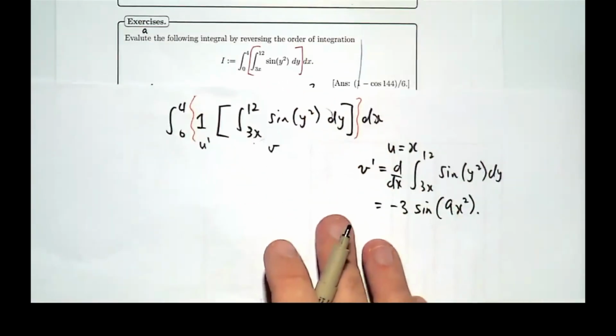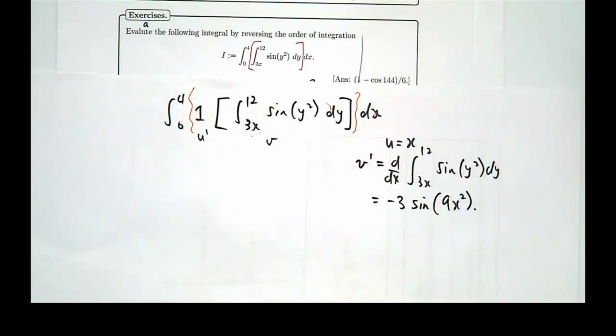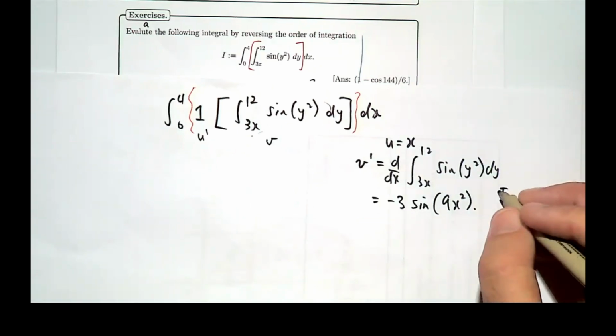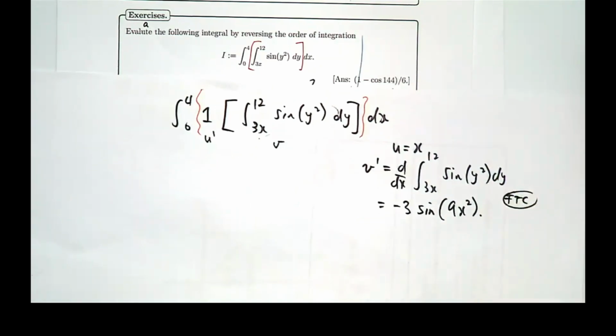Okay? That's probably the hardest part. It's the fundamental theorem of calculus. Or Leibniz rule, however you want to look at it. You're down with FTC? Yep, you know me.